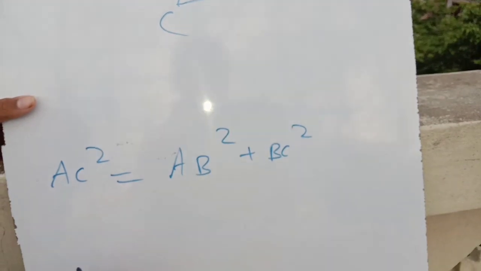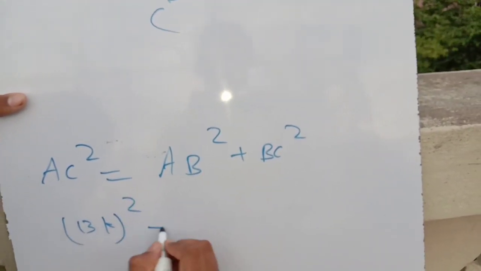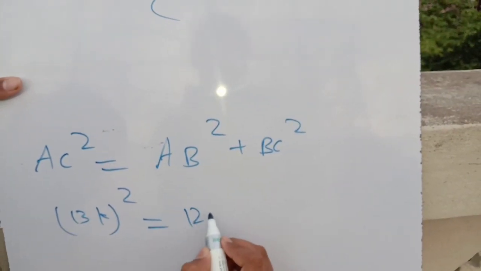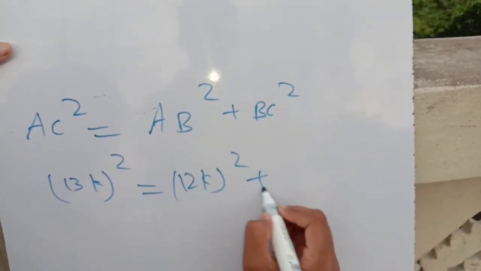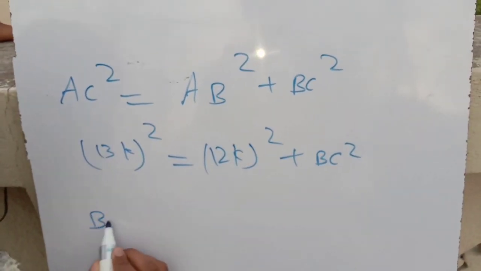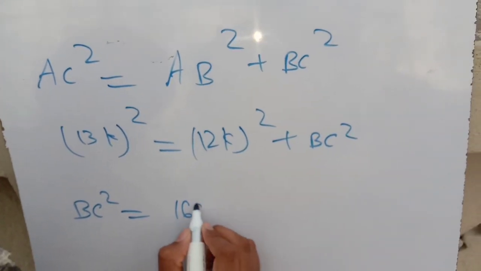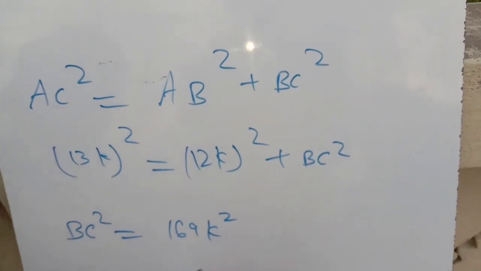So what is AC square? 13K whole square is equal to AB, we know, 12K whole square plus BC square. So BC square is going to be, what is 13 into 13? 169. And K whole square is K square.